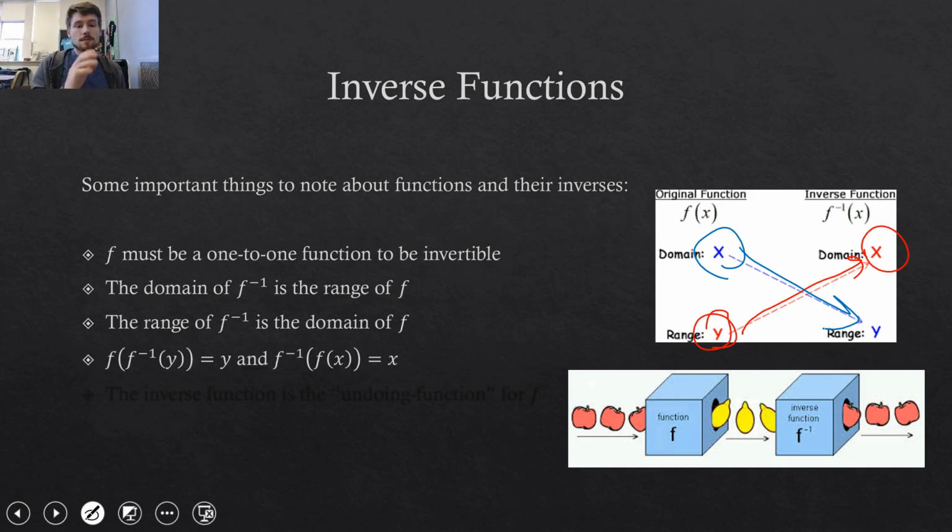And then this is a very important property of the inverse function: the inverse composed with the original function gets you what you start with in either case. So if you do inverse of y and then you do f on that, it's going to give you y. You can think of it like this.